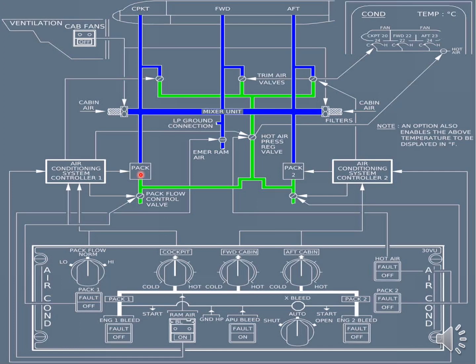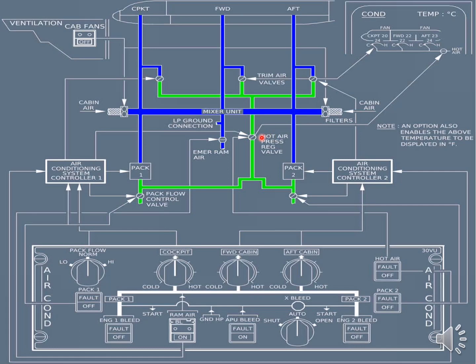From the pack we will get the output which is the lowest value selected from the cockpit, that is from the air conditioning panel. We can see here the knobs for the cockpit, forward cabin and aft cabin. For example, you selected 20 degrees centigrade for the cockpit, 22 degrees centigrade for the forward cabin, and 24 degrees for the aft cabin. So from the pack you will get an output of 20 degrees centigrade, which is the lowest selected. Next is the hot air pressure regulating valve.